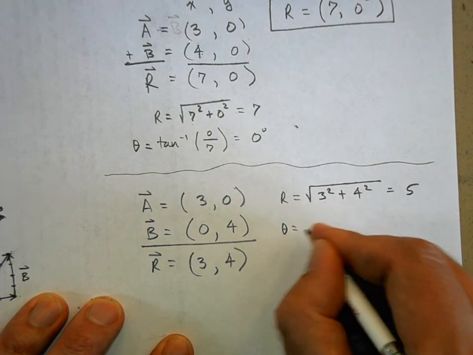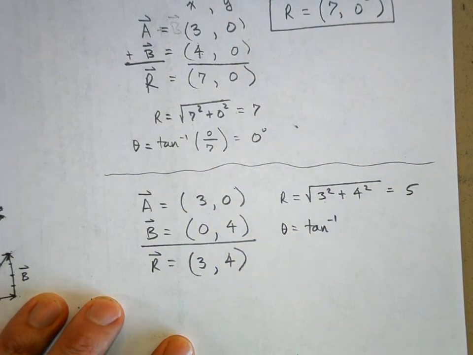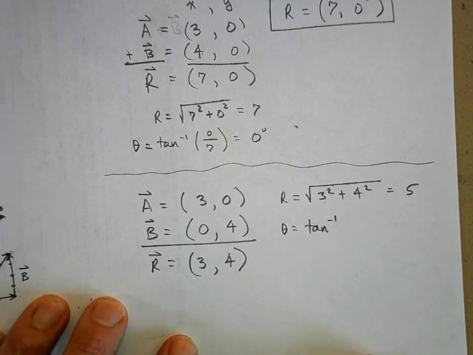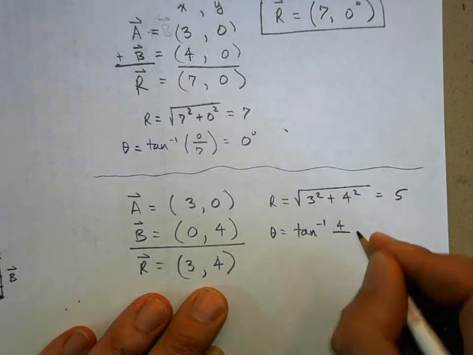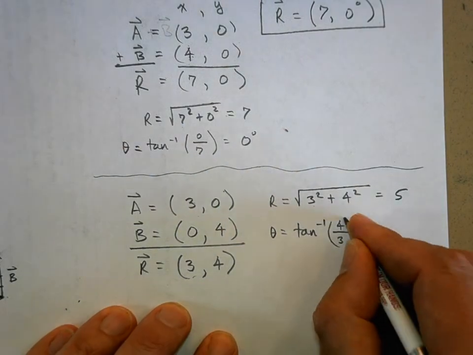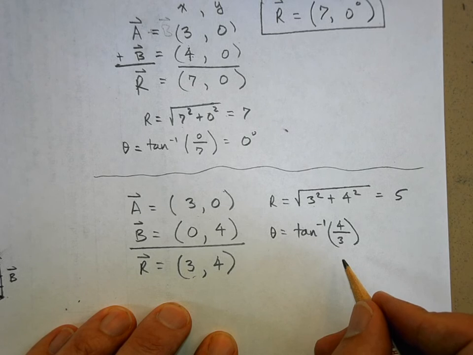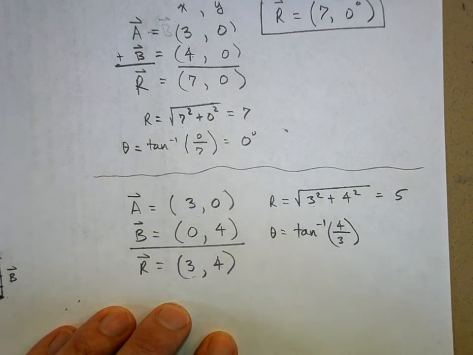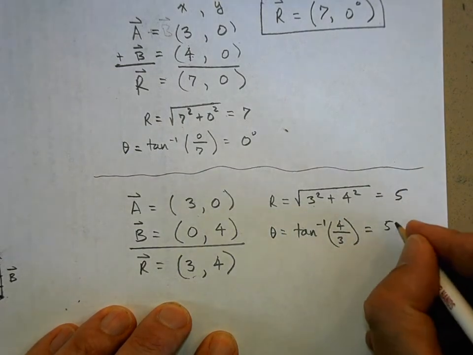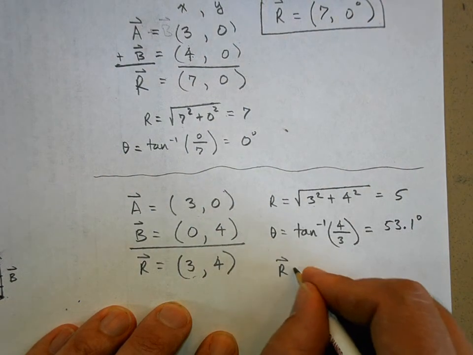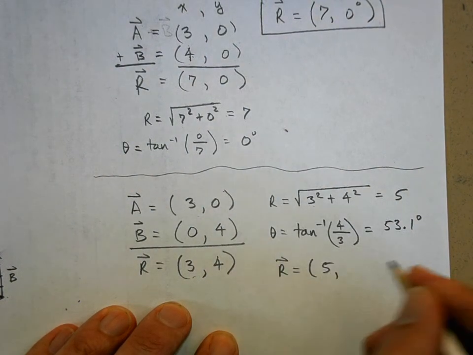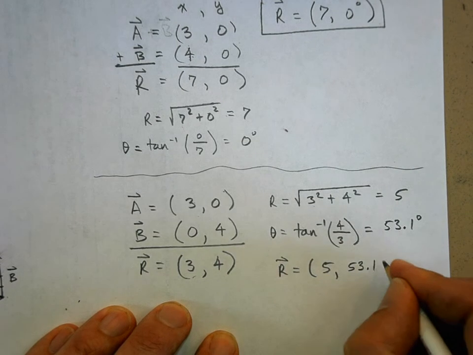Now, theta is the inverse tangent of the y value over the x value. Do I need to add 180 degrees to my answer? No. The x value is positive. And when you plug that in your calculator, you get 53.1 degrees. So I can say vector r in polar coordinates is 5 at 53.1 degrees.